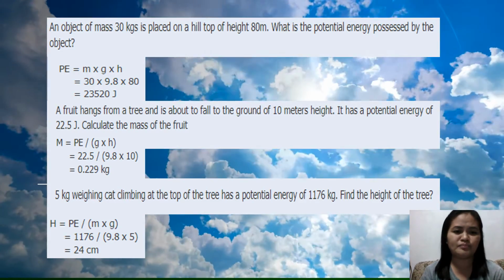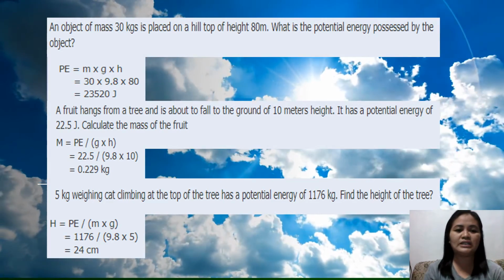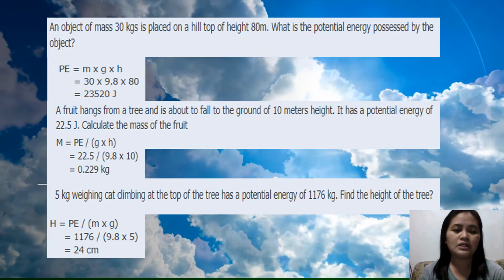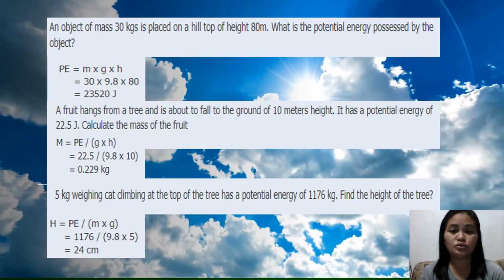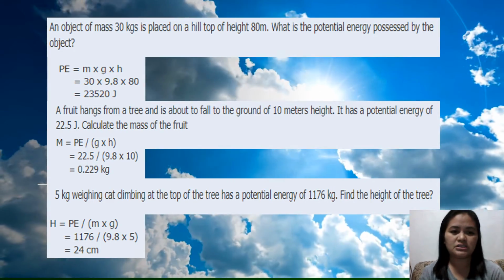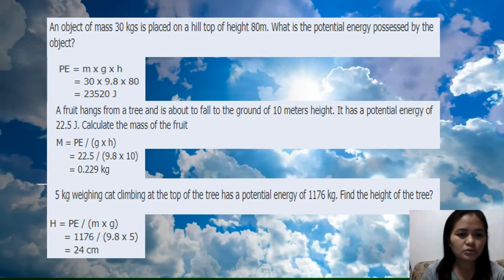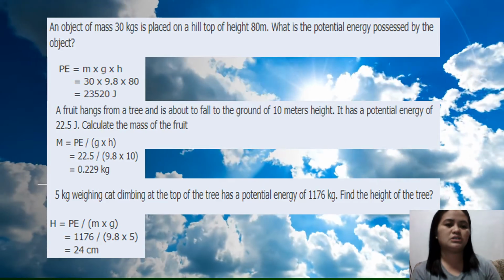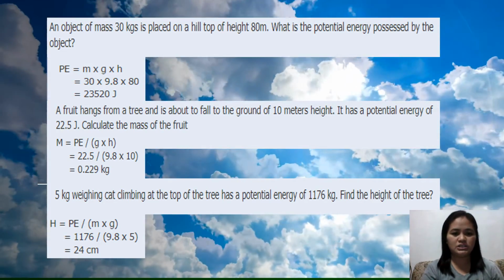Nandyan sa problem. Ano yung G? Constant value yon. Huwag nyong kalilimutan. 9.8 meter per second squared. And then, yung 80, saan kinuha yun? Dun sa height H. 80 meters. I-multiply mo lang yan. Ang lalabas ay 23,520 joules. That is the amount of potential energy.